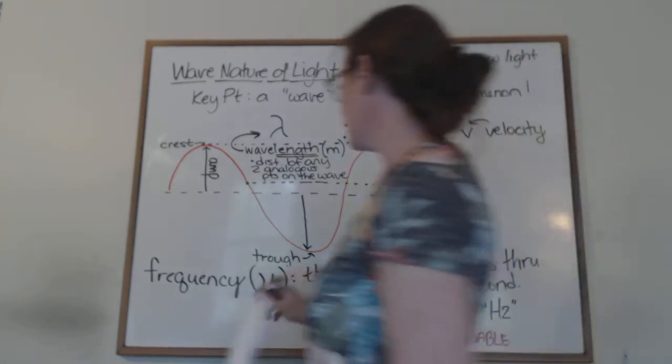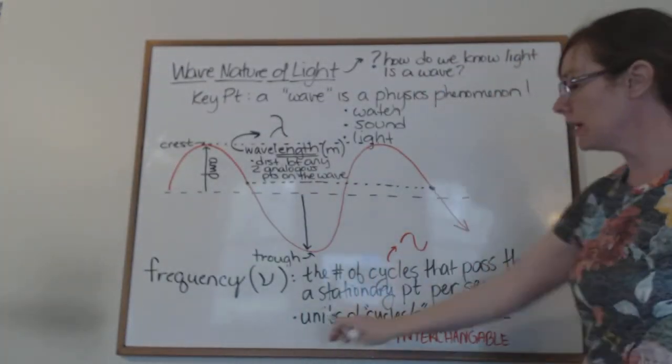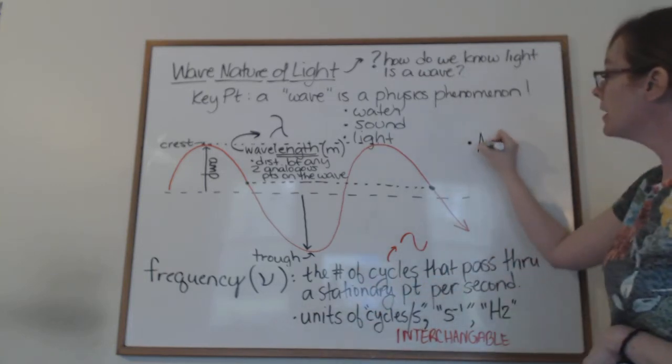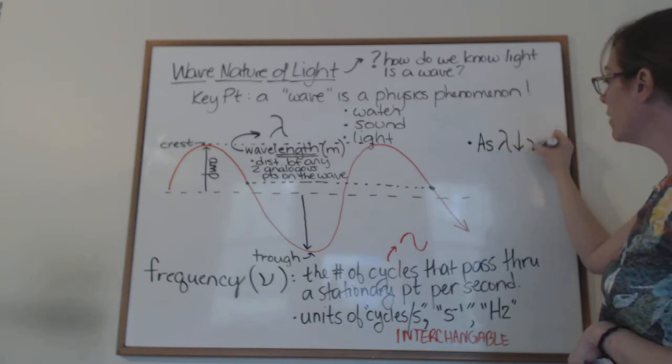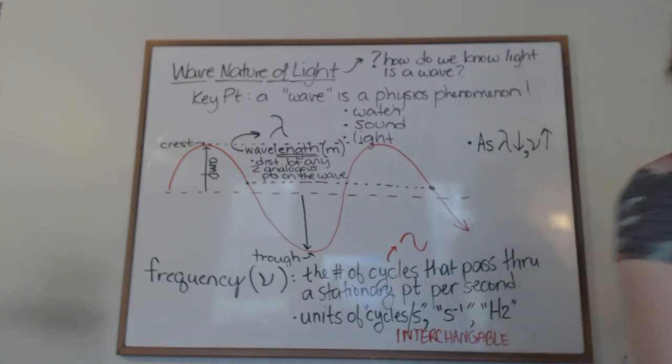All right, and then let's also put another thing up about frequency. I will just put it right here. So that's bullet point number 1. Let me give you another bullet point here. As wavelength decreases, frequency increases. That's what I was just talking about with that slide.